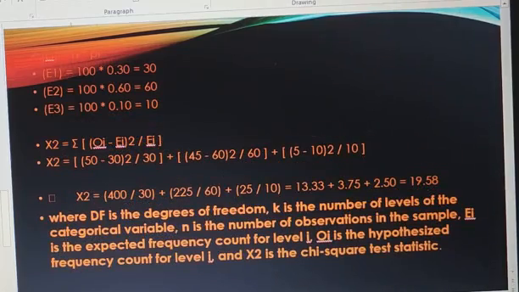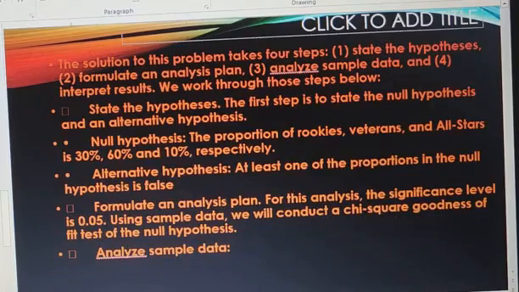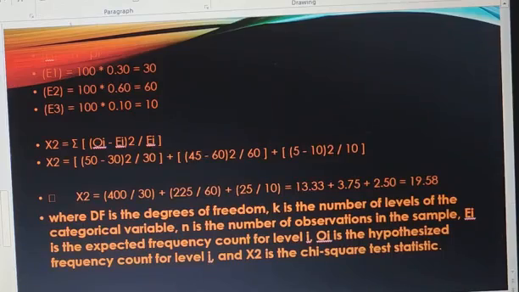Applying the chi-square goodness of fit test to sample data, we compute the degrees of freedom, the expected frequency counts, and the chi-square test statistic. Based on the chi-square statistic and the degrees of freedom, we determine the p-value. df equals k minus 1 equals 3 minus 1 equals 2.